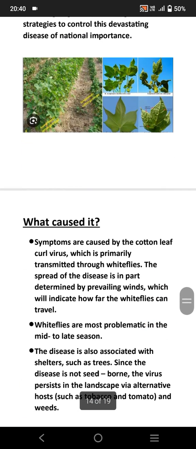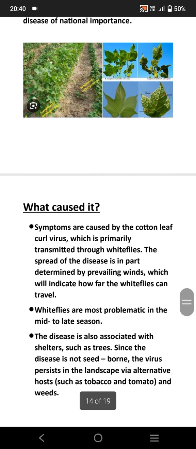Now, what caused it? Symptoms are caused by the cotton leaf curl virus, which is primarily transmitted through whiteflies. The spread of the disease is in part determined by prevailing winds, which will indicate how far the whiteflies can travel.